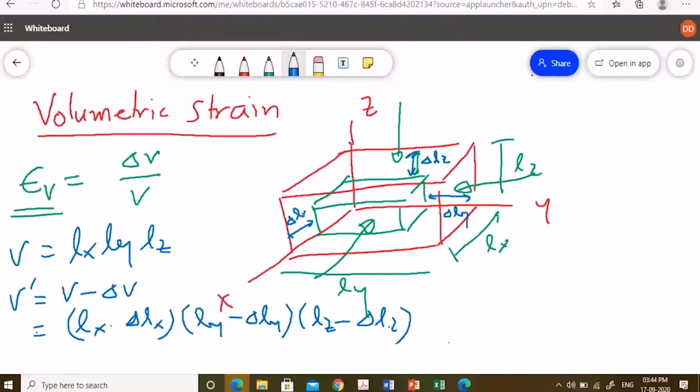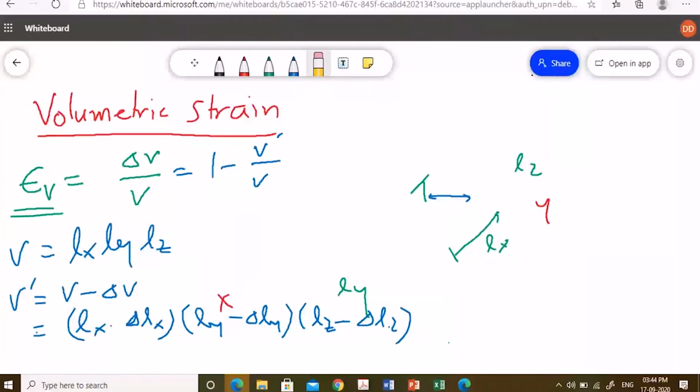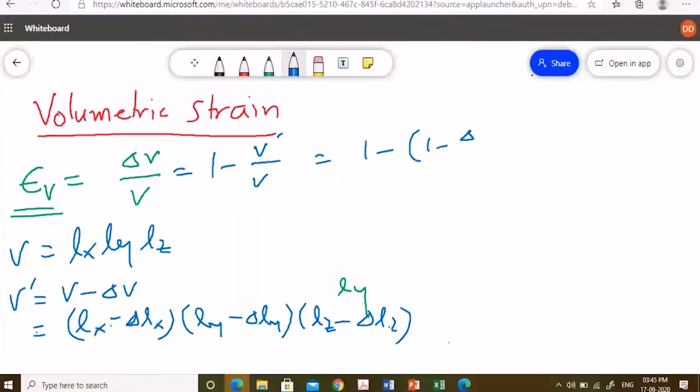So what we are getting now is 1 minus V dash by V. Putting it there, you will see I'm getting 1 minus del Lx by Lx, 1 minus del Ly by Ly, and 1 minus del Lz by Lz.